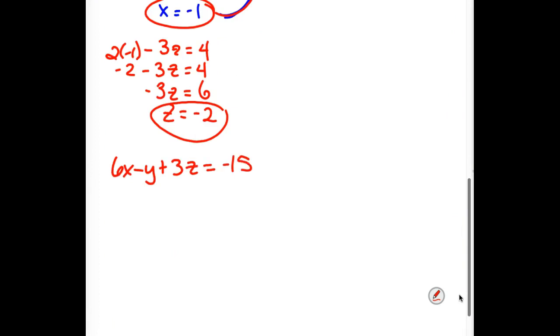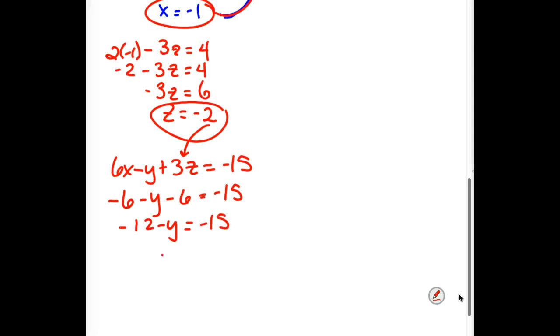All right, let's dump in what we have. X is negative 1, so this becomes negative 6. We don't know y yet. Z is negative 2, which makes that a negative 6 as well. We have negative 12 minus y equals negative 15.